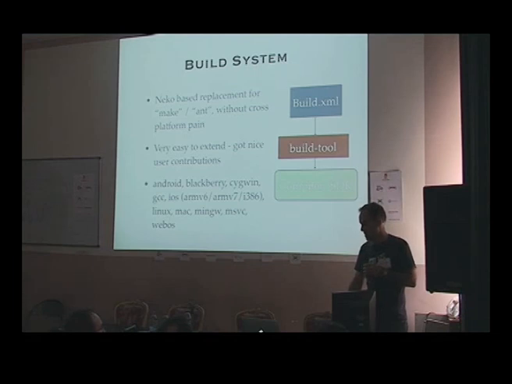And you can see here, these are the targets that we've successfully compiled to, and it's pretty much anything that has a C compiler we can compile to, or C++ compiler I should say. The notable exception here, I haven't put the NaCl Google Native Client in, but that's probably on the horizon soonish.